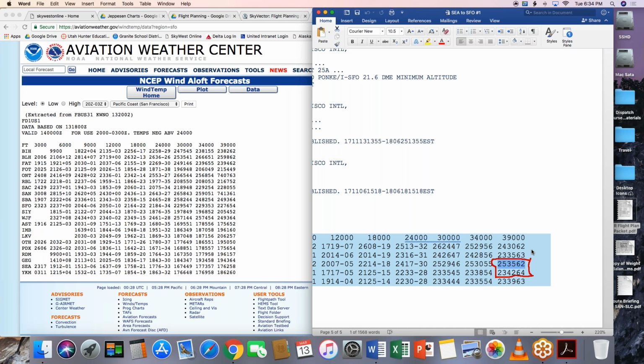So they eliminate this digit and they put it there, to indicate that you have wind speeds greater than 100. So your winds are 270 at 154 knots, minus 52 degrees. Everybody good? Okay.